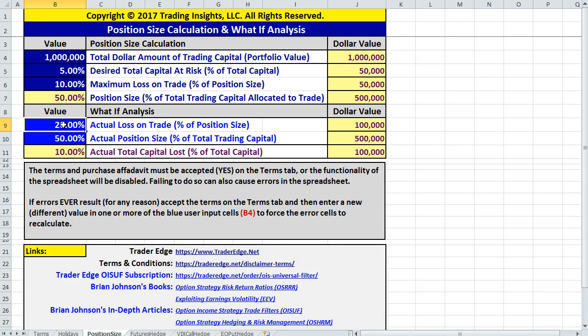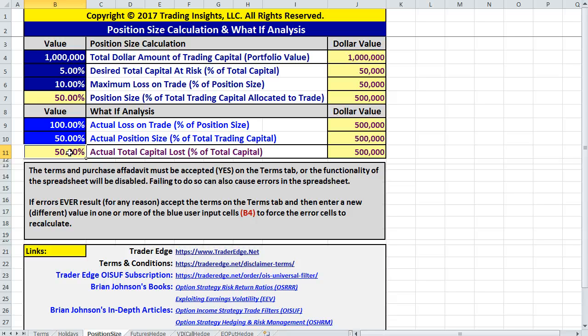Instead of a 10% actual loss on the trade, this time I'm going to assume that we have actually a 100% loss on the trade. So in this case, if we actually use the calculated and recommended position size of 50% as our actual position size, but instead of the 10% loss, we incurred an actual 100% loss on the trade, we would lose 50% of our trading capital.